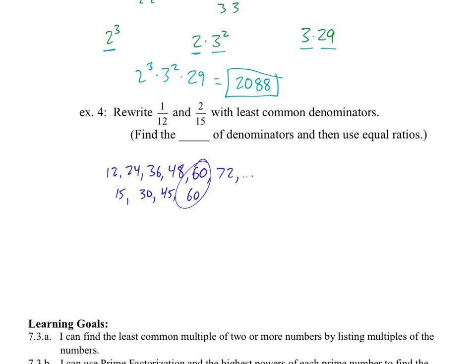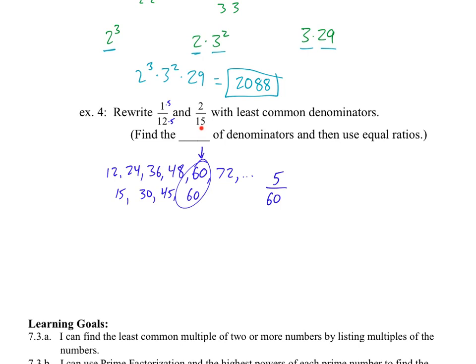So you could do that. You could go back and do the factor tree one if you wanted to. But for my 12, if I count over, 1, 2, 3, 4, 5, it's the fifth one in the list. So I could multiply by 5, and that's going to give me 60. And multiply the 1 by 5 to keep it an equivalent fraction. So I have 5 over 60.